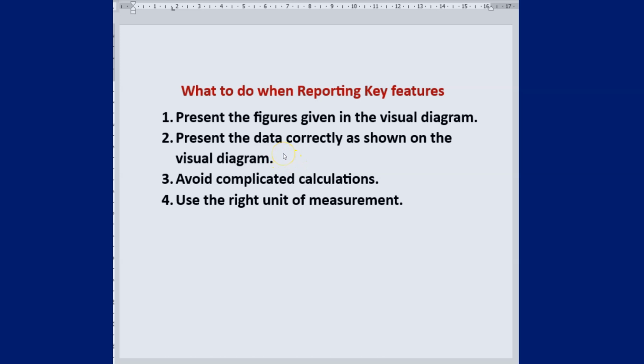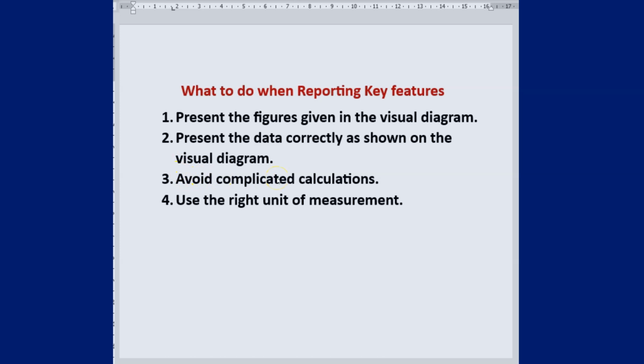Don't present any data incorrectly. If you present incorrect data, it will depend on the number, but you might get below a band 7. So make sure that you read both the y-axis and x-axis correctly to see what data you are supposed to show.